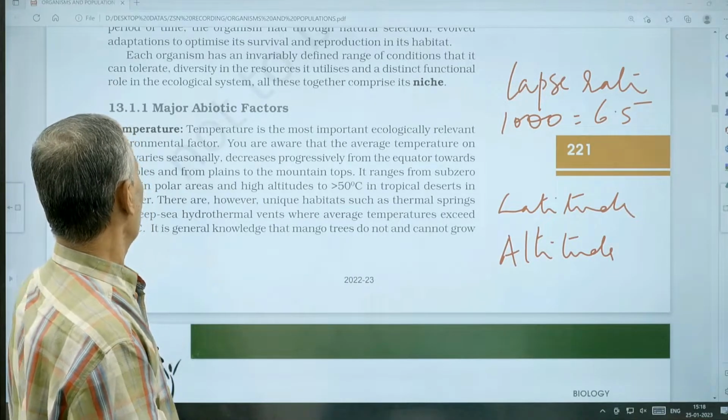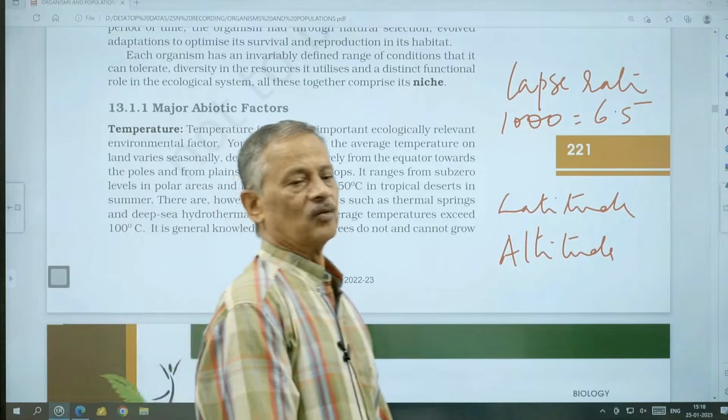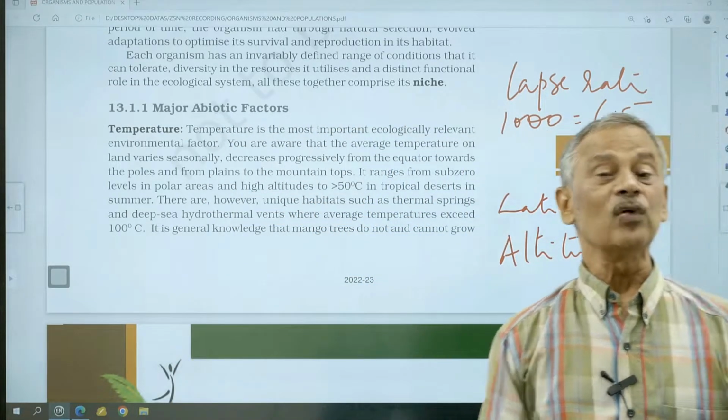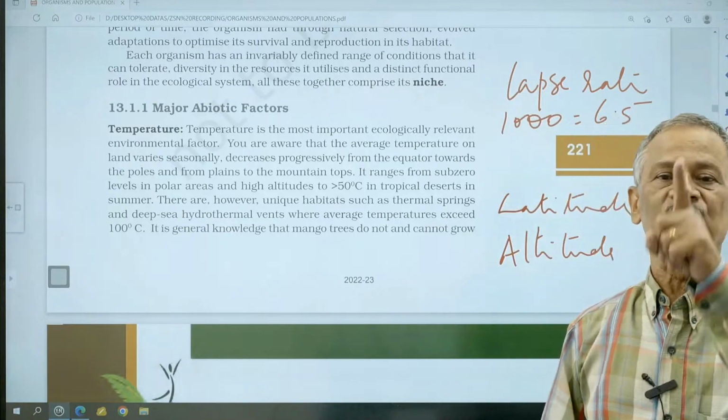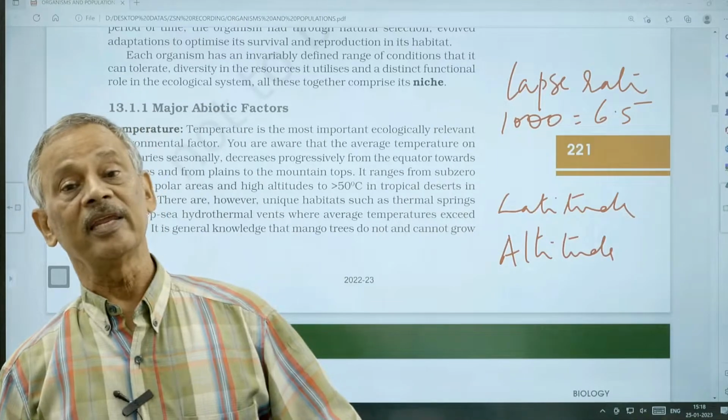Okay. So, temperature is influencing two important things. One, it is directly influencing the physiology of an organism. Why is it directly influencing?